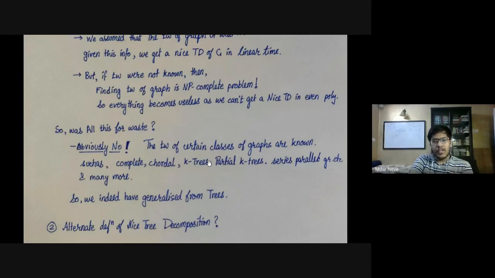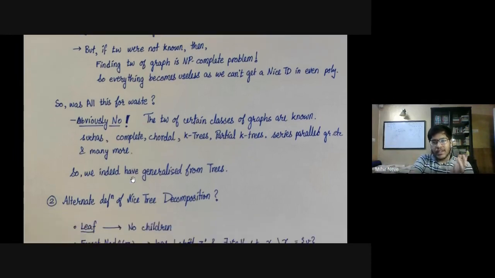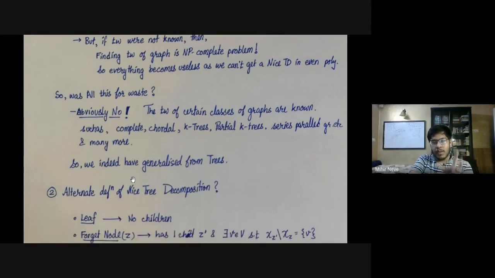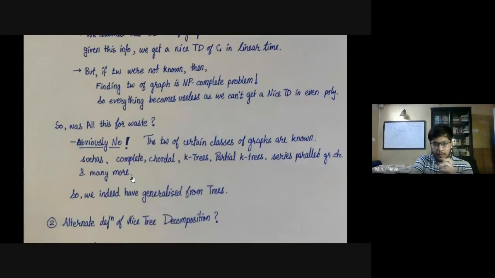Once you have done so, and you encounter a new graph, you see if that graph lies in any of these known classes, you get the tree width, and then you do this entire thing in polynomial time. You can't do it for every graph, but at least we have done something better than trees now. And you can actually solve the three color problem on some useful graphs. So this was one thing.